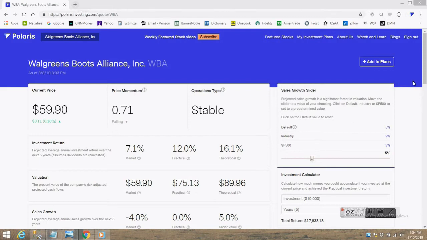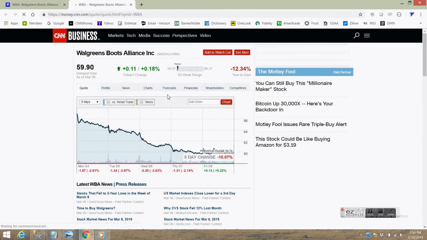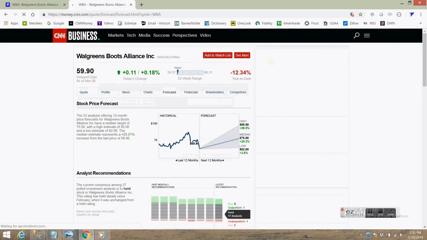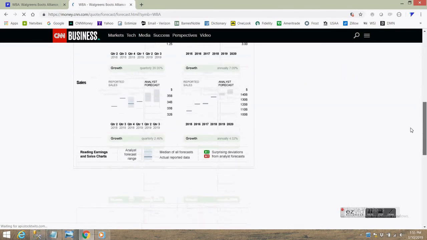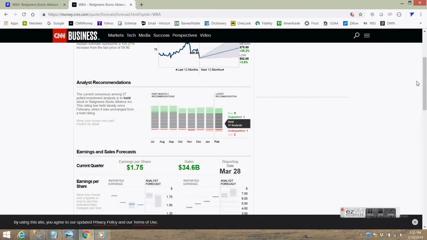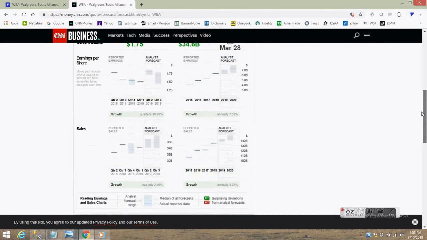So let's take an example of going out to CNN and looking at, for Walgreens, what we see out there in the forecast tab. So we scroll down and we look at the earnings forecast, and you can see here as we scroll down that there's 27 different analysts being pulled in making up this forecast.